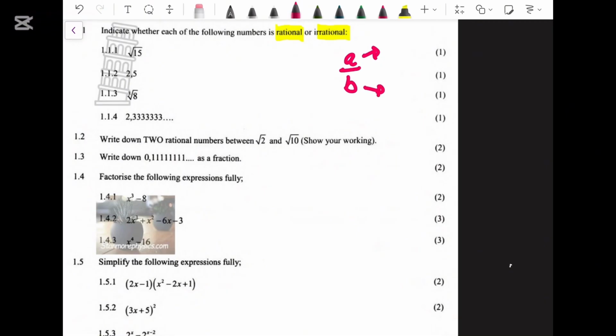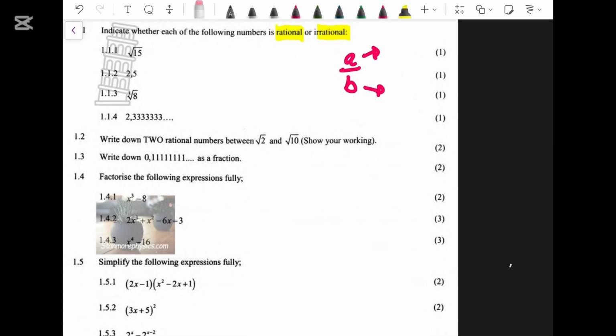And you need to remember that all the perfect squares are rational. All the recurring decimals are rational. For example, recurring decimals like 1.1111111 and 5.2323232323. Those are rational numbers.